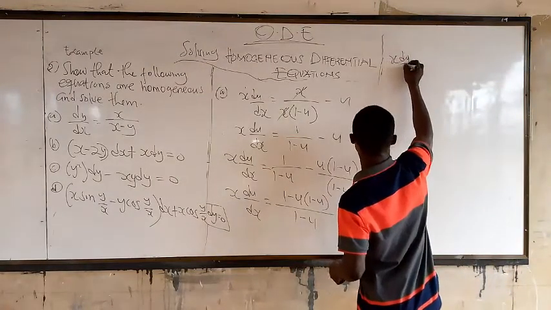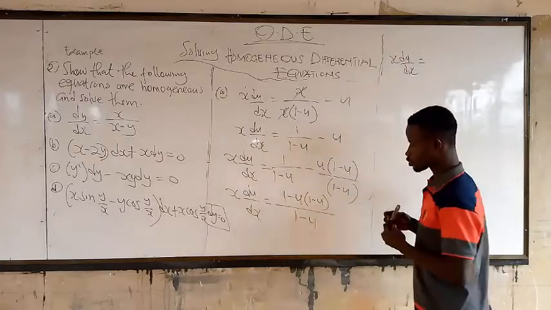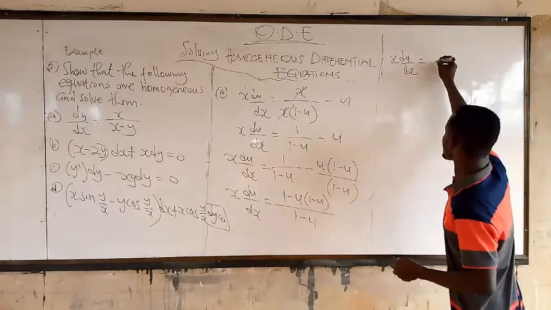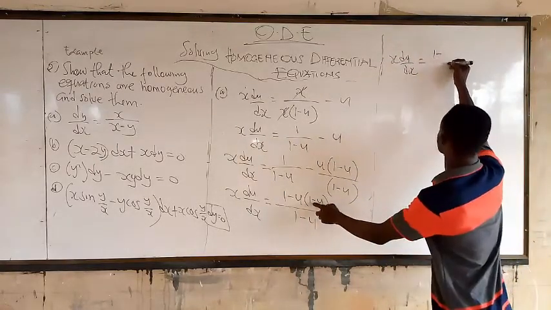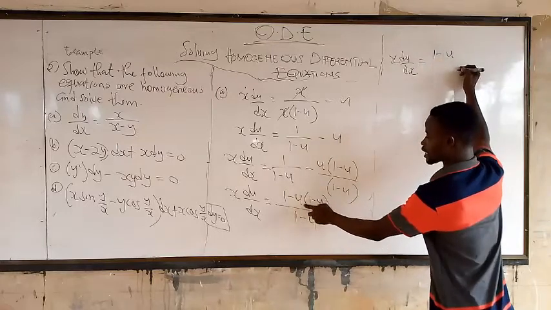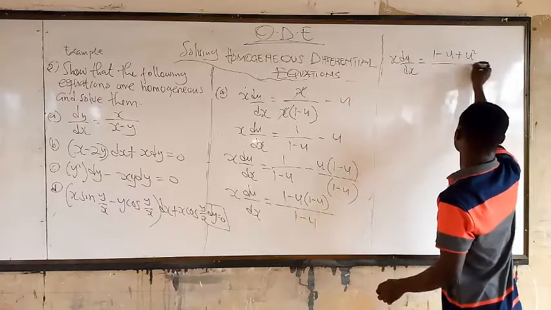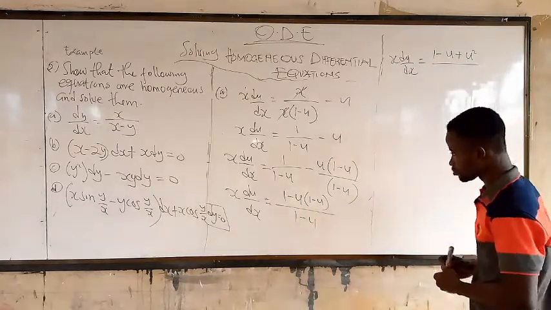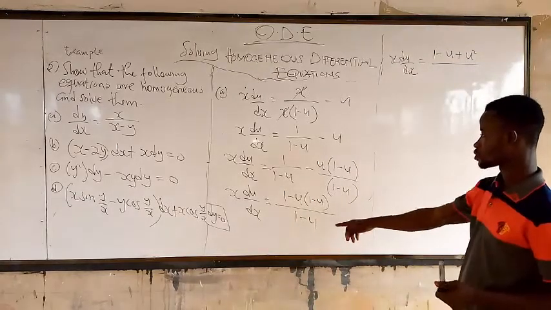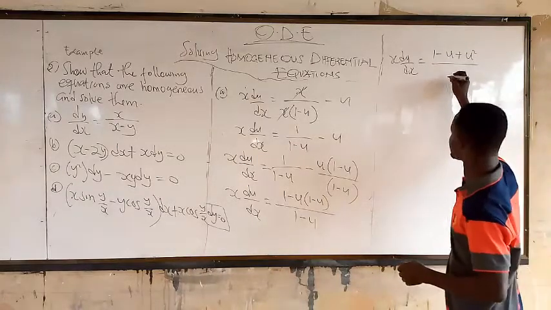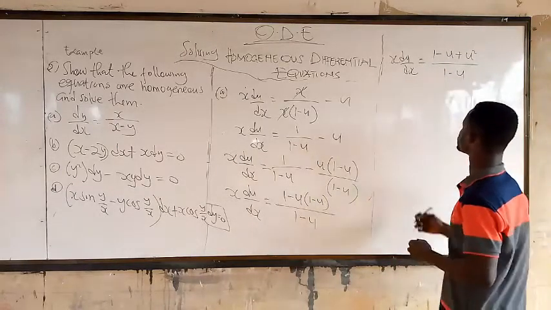x du/dx is going to be equal to, here 1 minus, this time is u, again positive u times this, u squared over 1 minus u.